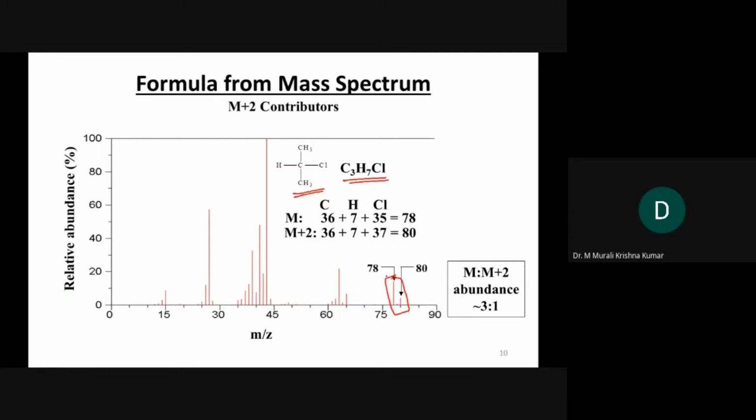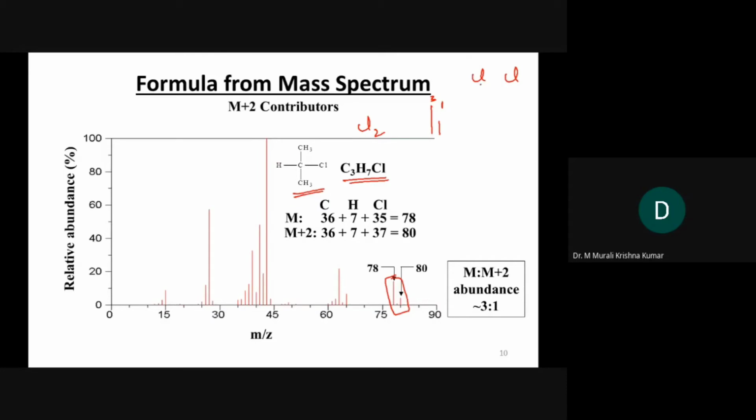Now you can ask me a question. If we have one chlorine, we are able to see peaks like this. This is 3 and this is 1. What happens if you have dichloro? In dichloro, what we need to see is chlorine and chlorine.